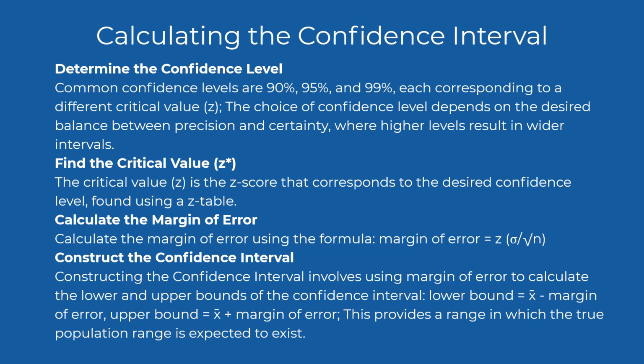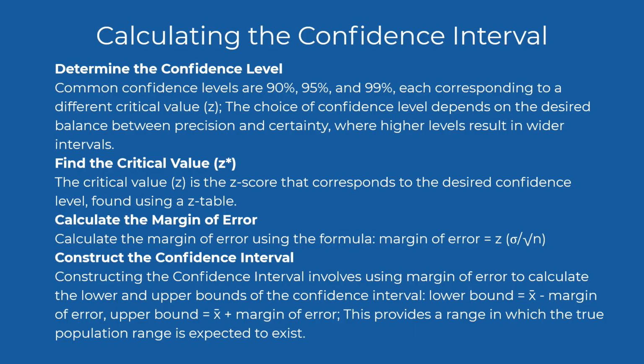So the choice of the confidence level depends on the desired balance between precision and certainty, where higher levels result in wider intervals. Okay? So in finding the critical value, you need to have the Z-score that corresponds to the desired confidence level and found using the Z table.